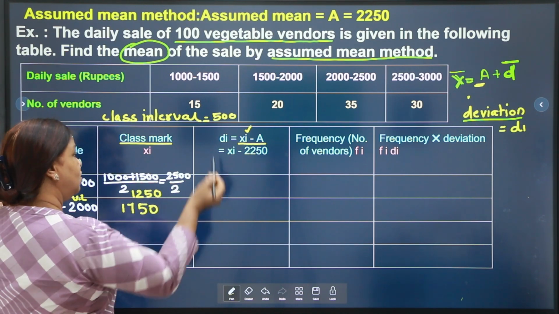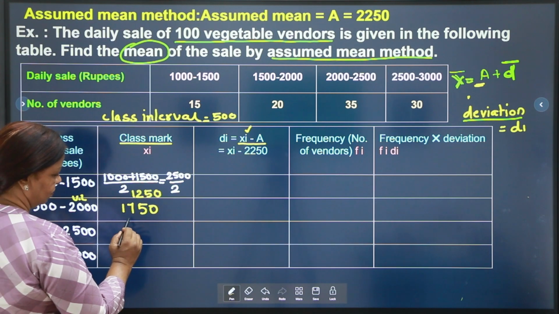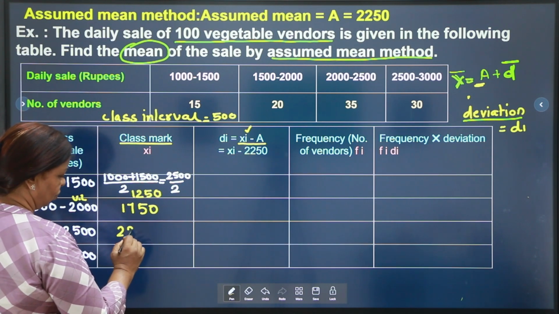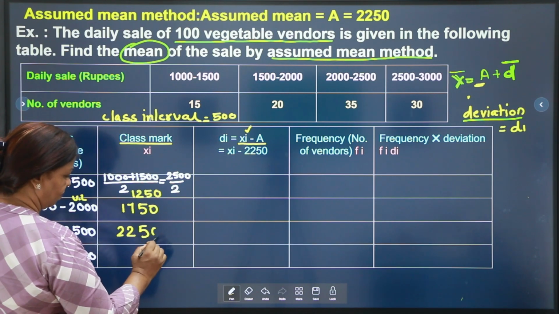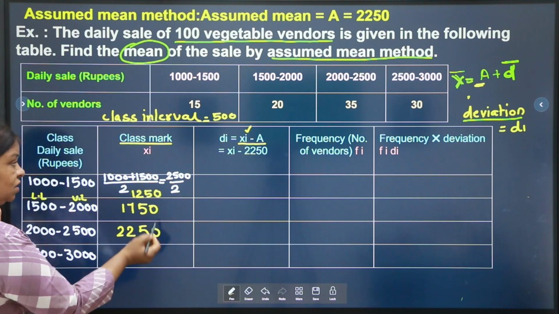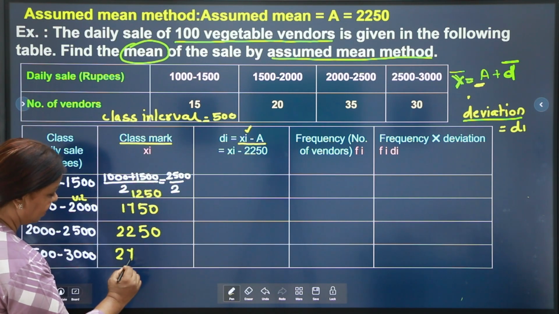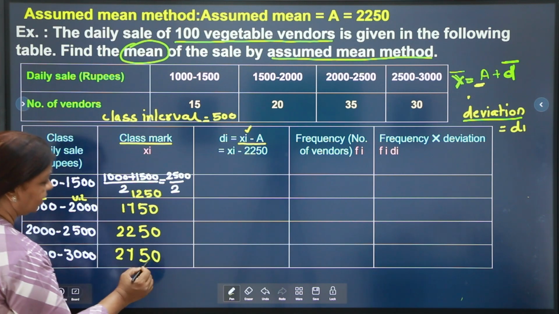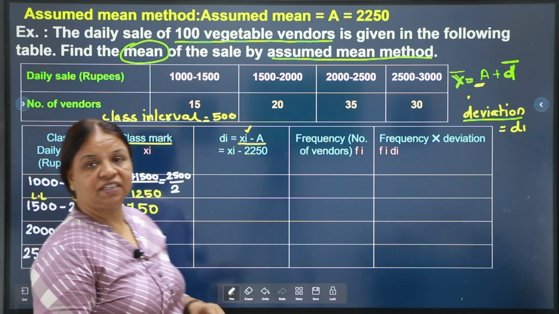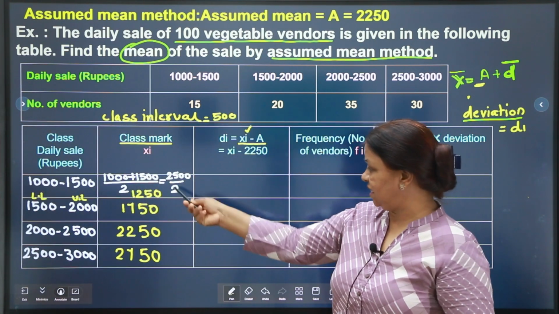Now 1750 plus 500 will give you 2250. Then 2250 plus 500 would give you 2750. This is xi. This is one of the direct methods to find the xi value, children.